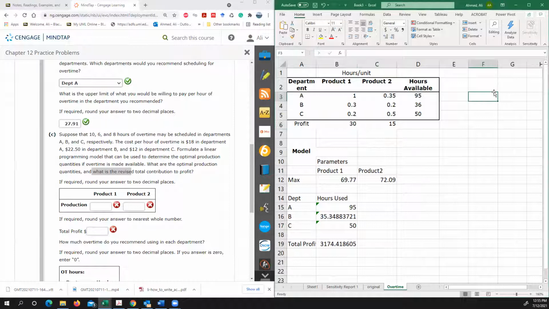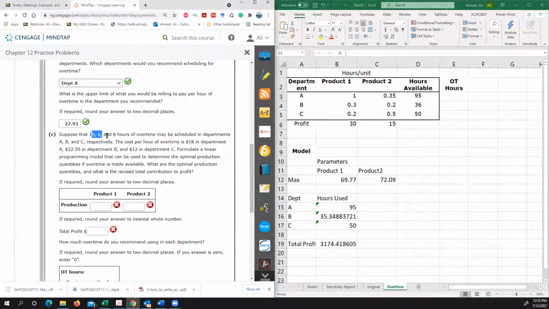All right, so the next step is to change this problem so that we can add overtime in it. First, we now have 3 more facts for the 3 departments. So I will put here overtime hours because they have given us 10, 6, and 8 hours. For department A, I have 10 hours. For this one, I have 8. And this one, I have 8 again. And the cost per hour.